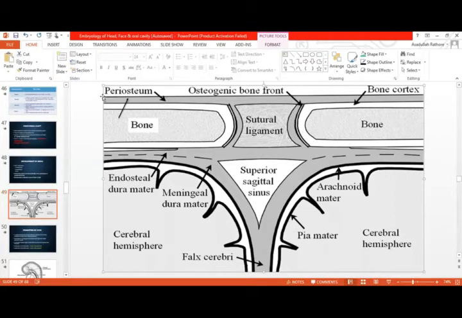कि इसकी जो फाइब्रस लेयर है, the outer fibrous layer is going to pass through without any bend through the two adjacent bones.